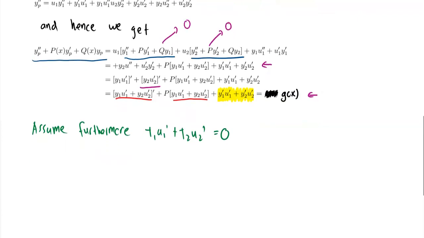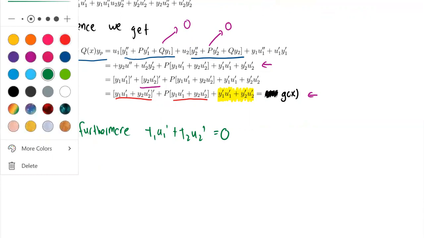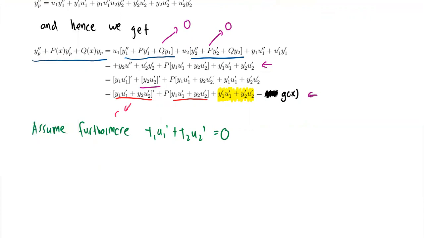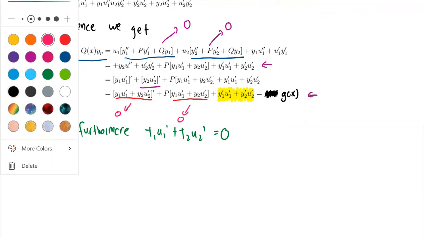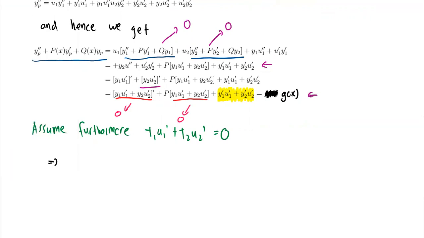Then our ODE simplifies. If we do this, then as we mentioned, this goes to 0, this goes to 0. So what are we left with? Well, we're left with y1 prime u1 prime plus y2 prime u2 prime equals g of x.